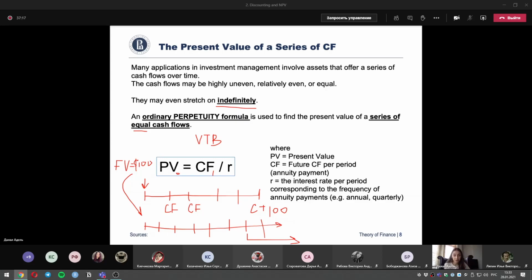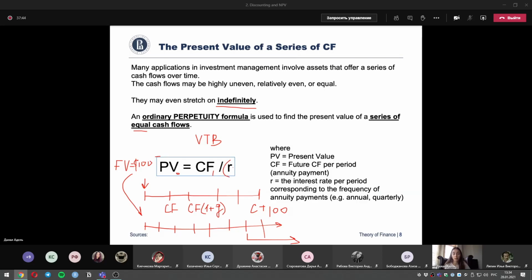Then we can transform this formula for the growth at which we want our cash flows to grow. If we know that our cash flows will grow at some particular rate every year, so 1 plus g, the growth rate, then we just transform this formula.